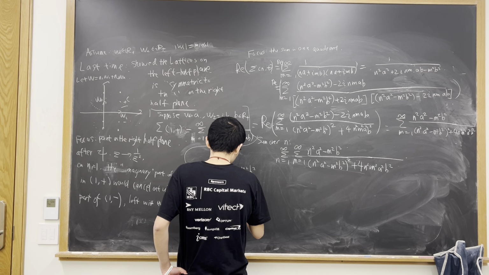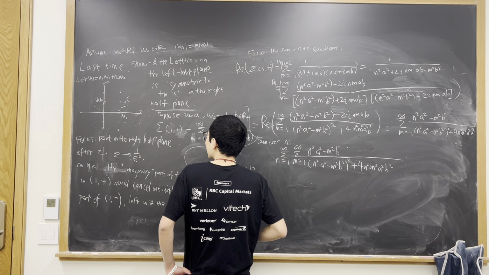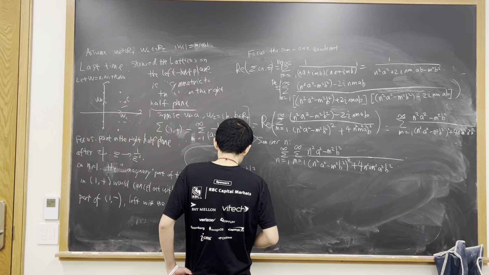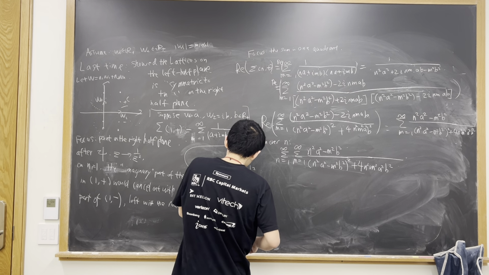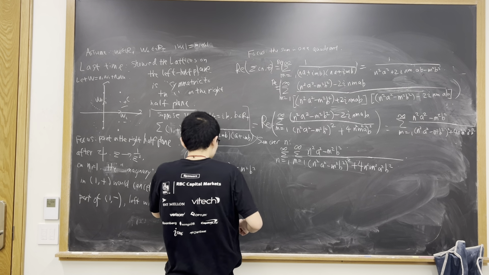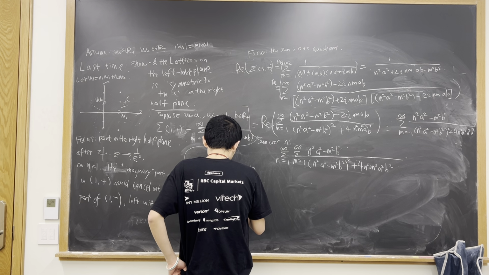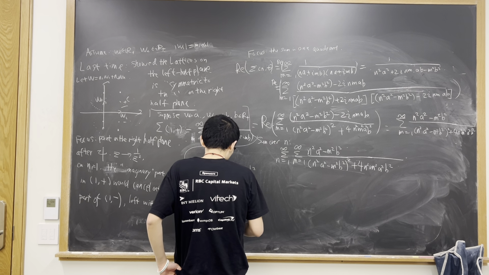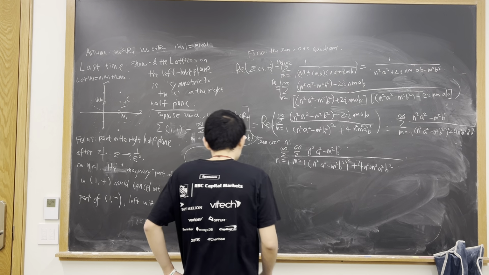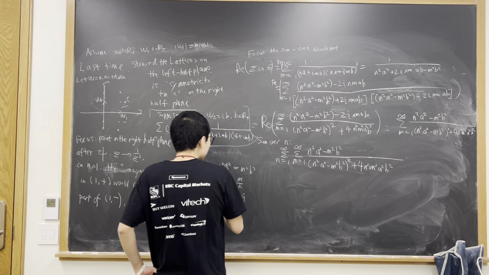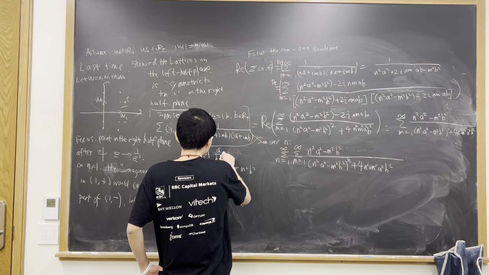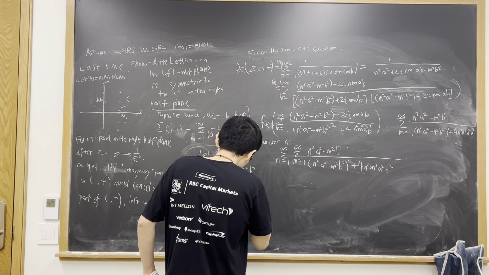So m is equal to n times a over b. So now let a over b equal k. In this case, m equals nk.